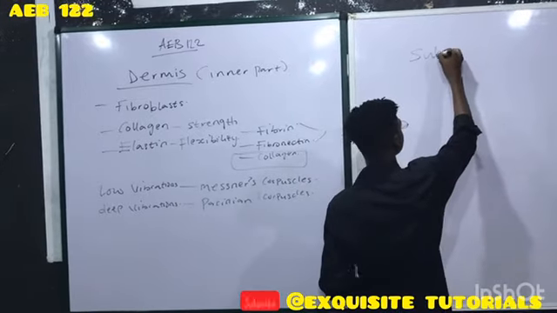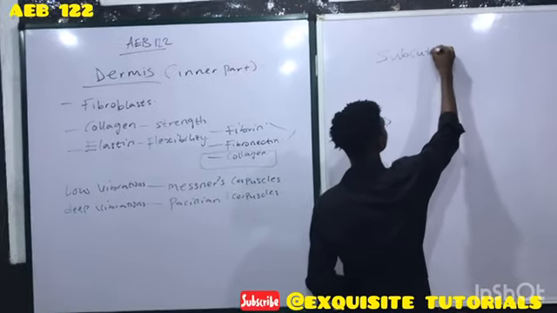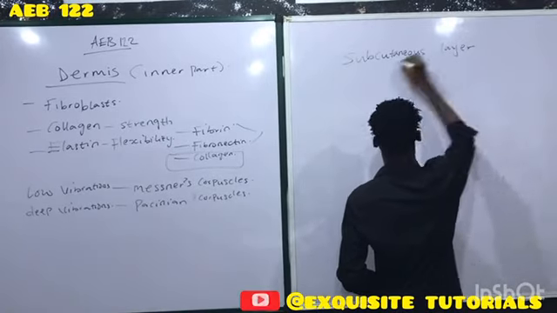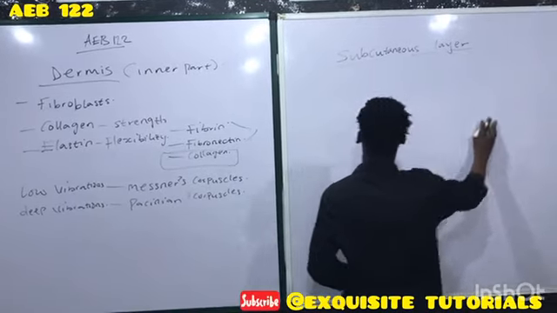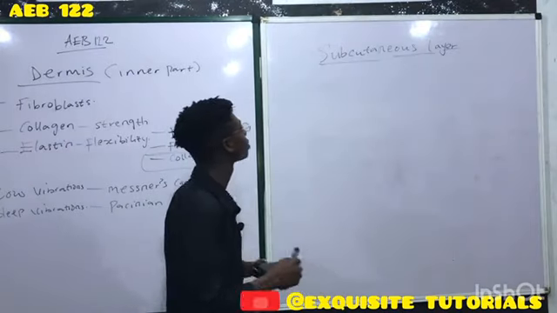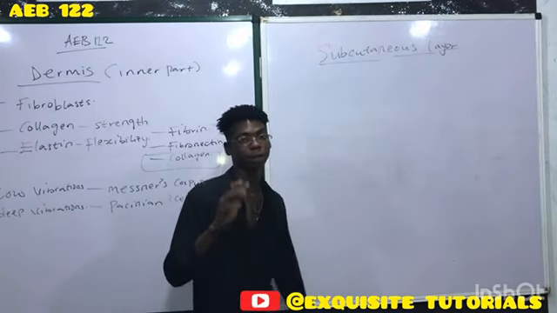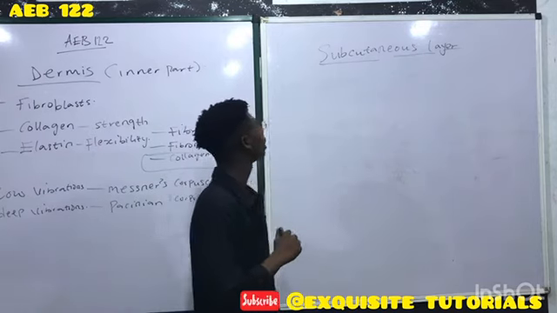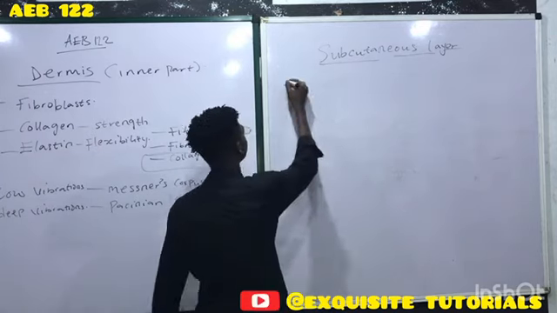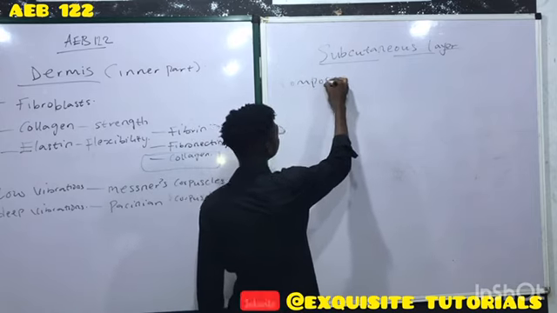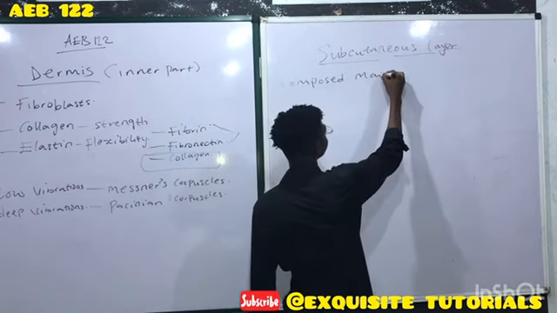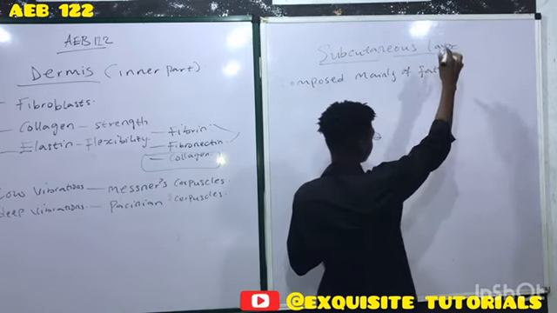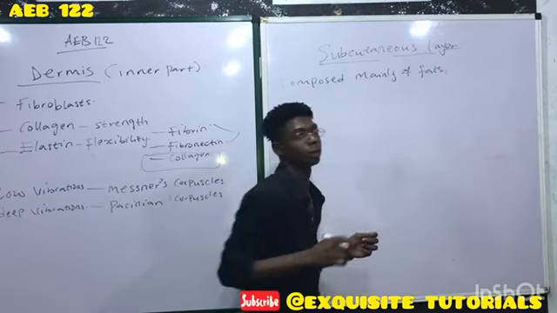Down to the subcutaneous layer. The subcutaneous layer is also known as the hypodermis, and it is also known as the superficial fascia. It is composed mainly of fats.